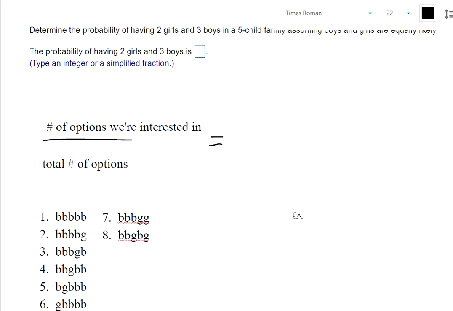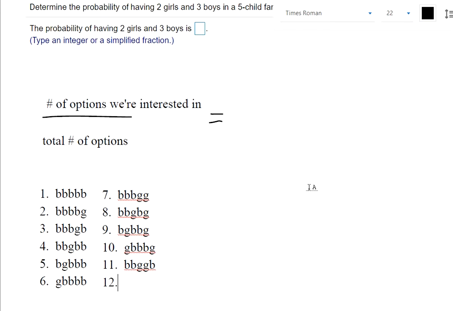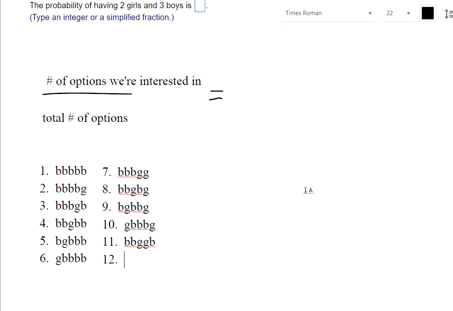That's 2 girls, 3 boys. Boy, girl, boy, boy, girl. Girl, boy, boy, boy, girl. But there's still more, because you could do boy, boy, girl, girl, boy. Boy, girl, boy, girl, boy.